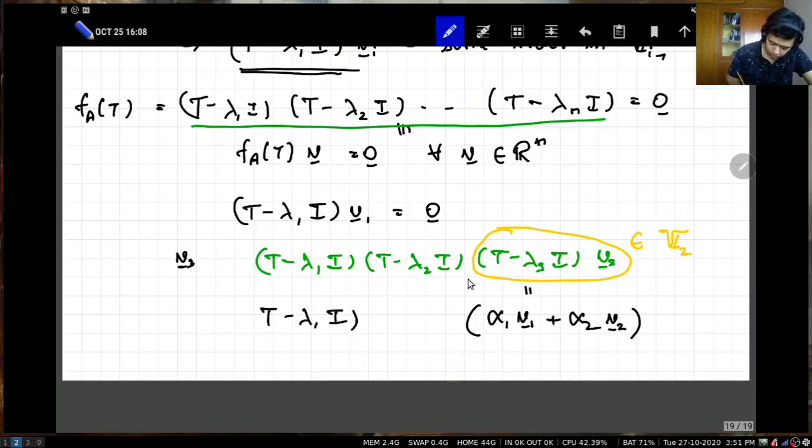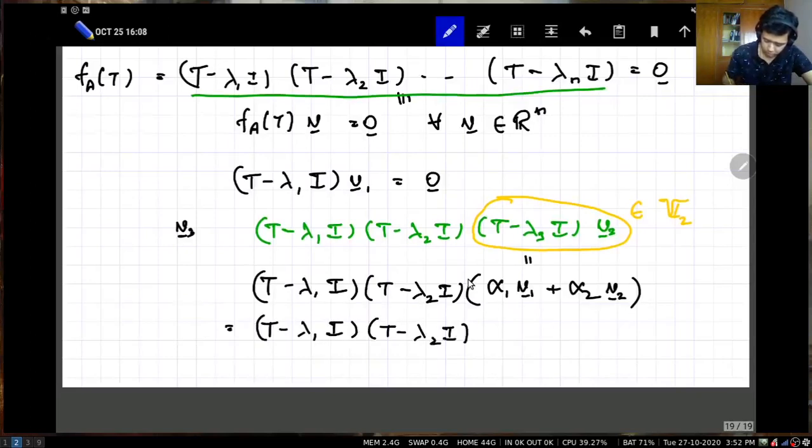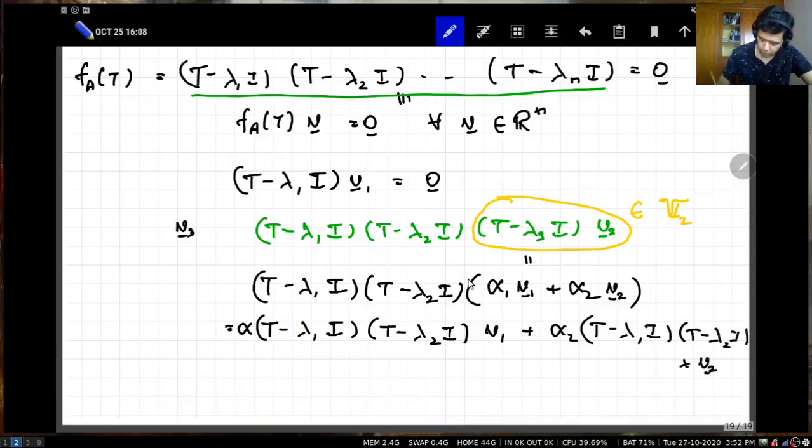So this is T minus lambda 1 I, T minus lambda 2 I times alpha 1 times v1, plus alpha 2 times T minus lambda 1 I times T minus lambda 2 I times v2.